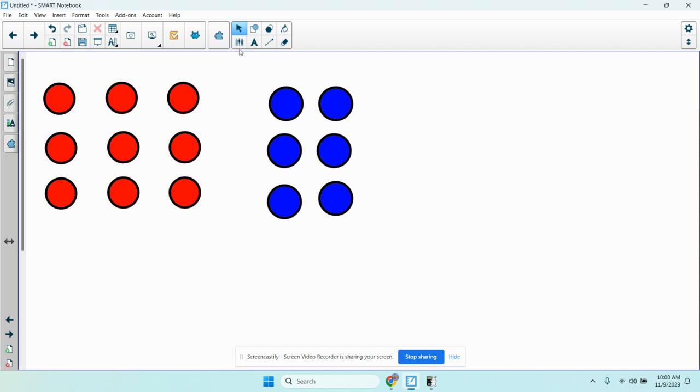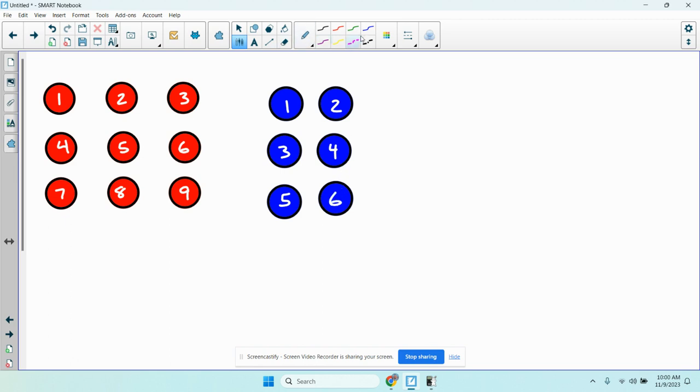So the thing to keep in mind here is that these marbles are going to be numbered. This will be numbered 1, 2, 3, 4, 5, 6, 7, 8. So there's the 9 red, and I have 1, 2, 3, 4, 5, 6 blue.